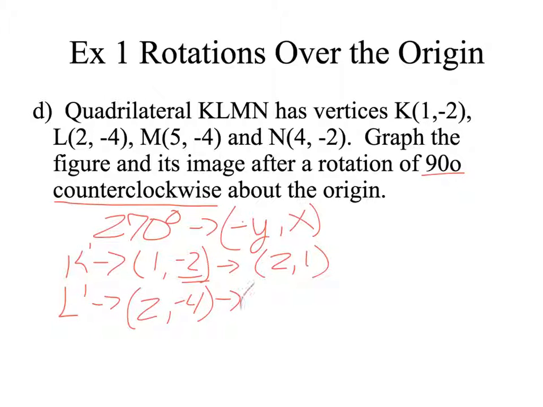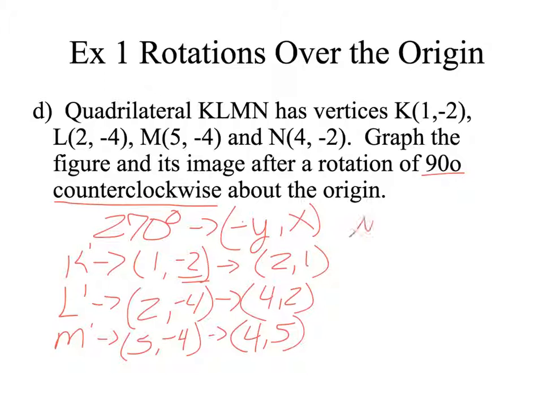It's going to flip and become 4, 2. M prime started at 5, negative 4. It's going to become 4, 5. Got a little bit of room left. N prime started at 4, negative 2. When it flips, it's going to become positive 2, 4.